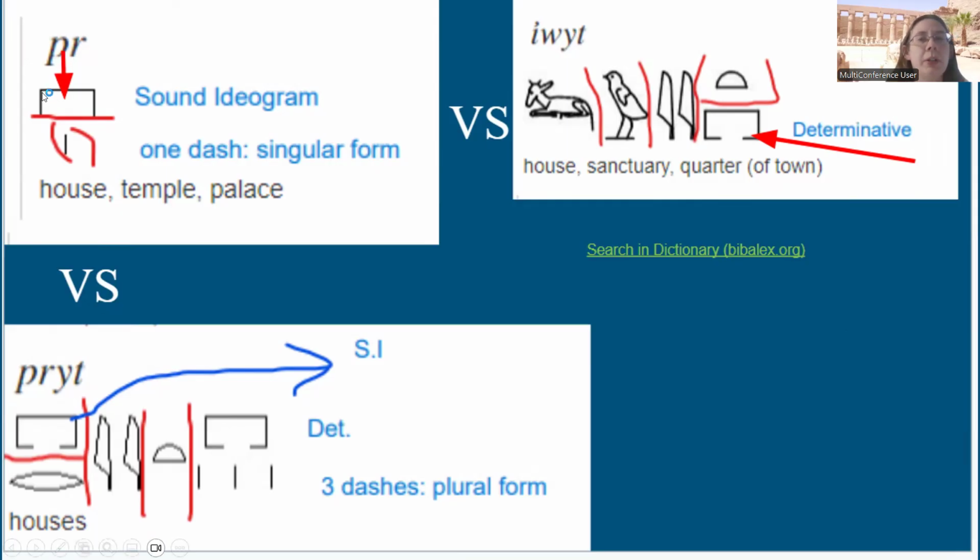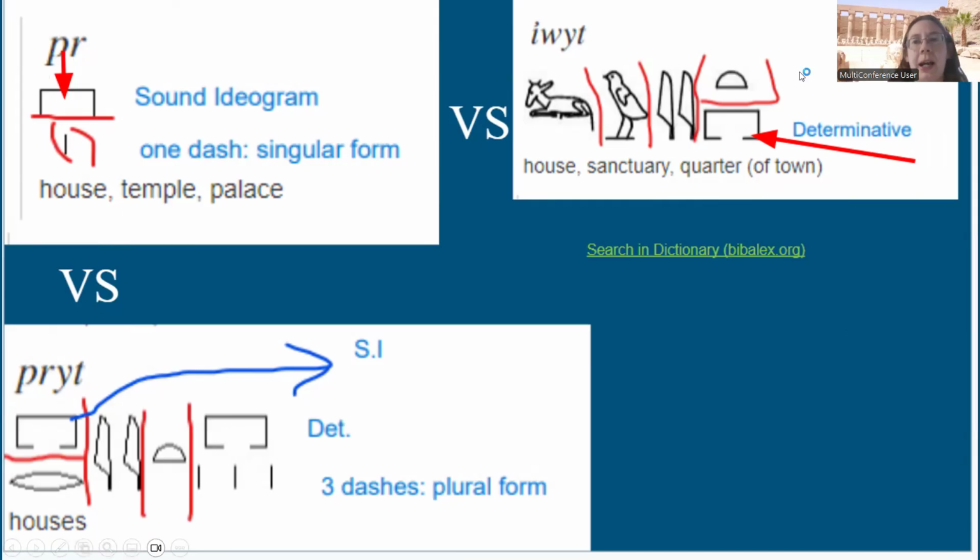So it's one picture standing for two phonetic sounds, hence the bilateral. And if you notice, it has a singular dash. So that's one of your clues that this is maybe a noun. And if it is a noun, it's a singular noun instead of a plural noun.